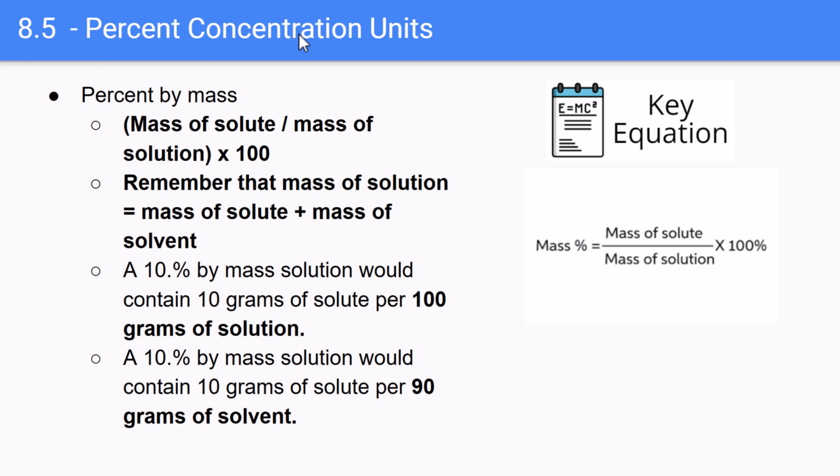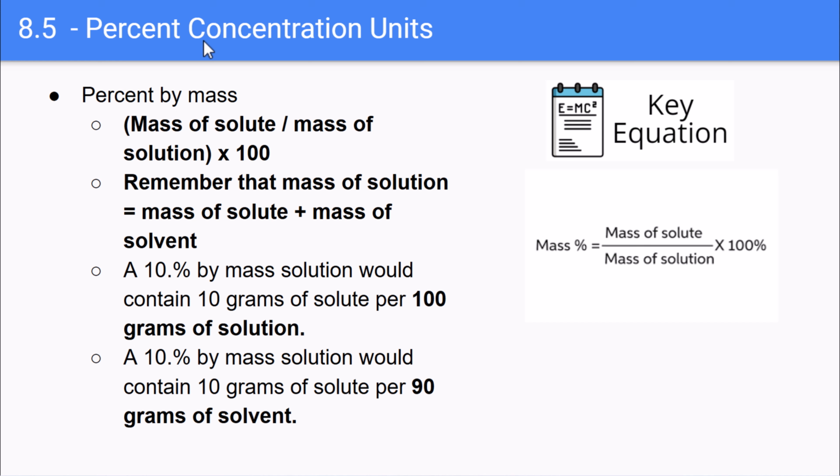So 10 plus 90 equals 100. So there are a couple of different conversion factors that we can utilize as we do calculations with this. We can say there's 10 grams of solute per 100 grams of solution, but we can also say there's 10 grams of solute per 90 grams of solvent. Both of these are going to be used as conversion factors as we figure out different ways of calculating components of a solution.